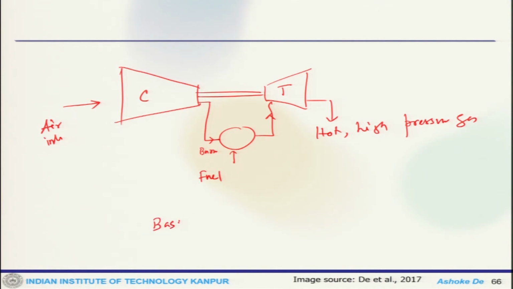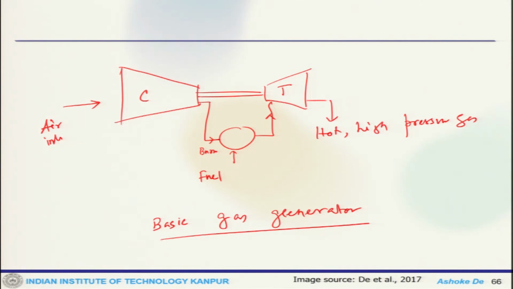This is your burner, you have fuel inlet goes in, this is hot high pressure gas, this is your air inlet. This is a simple schematic of a basic gas generator.